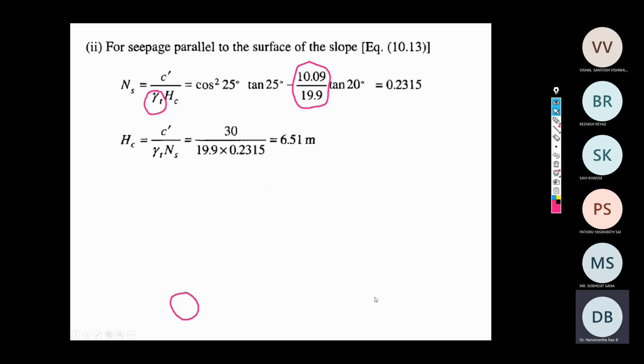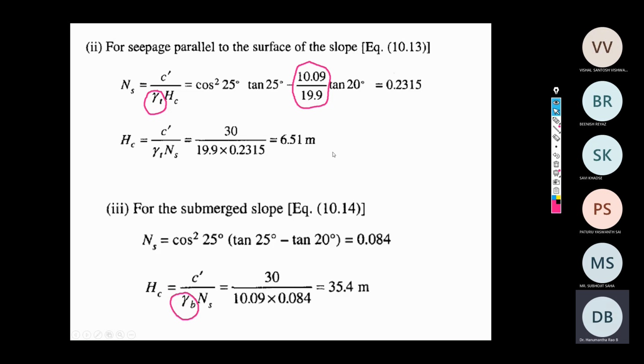While if the seepage exists parallel to the slope, the critical height is drastically reduced to 6.51 meter. But when you maintain the submerged condition, the height can be increased to 35.4 meter.